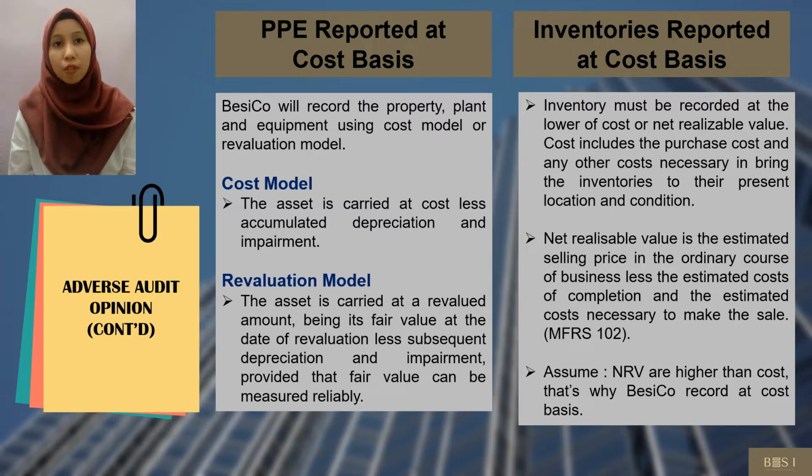Net realizable value is the estimated selling price in the ordinary course of business less the estimated cost of completion and the estimated cost necessary to make the sale. It is according to MFRS 102. We assume that the NRV is higher than cost. That's why Besi records at cost basis.